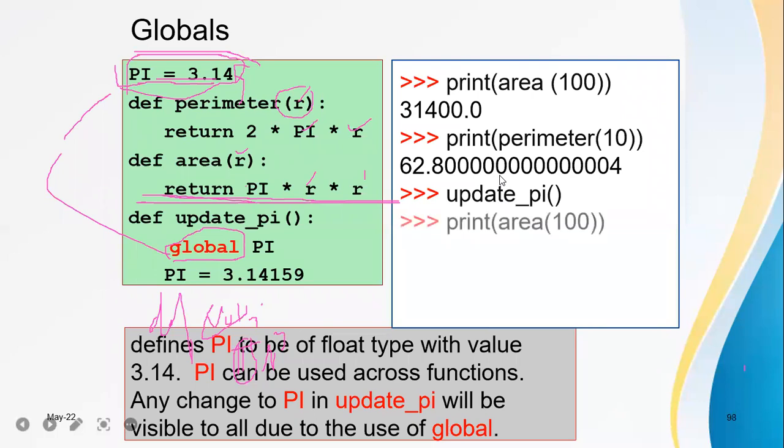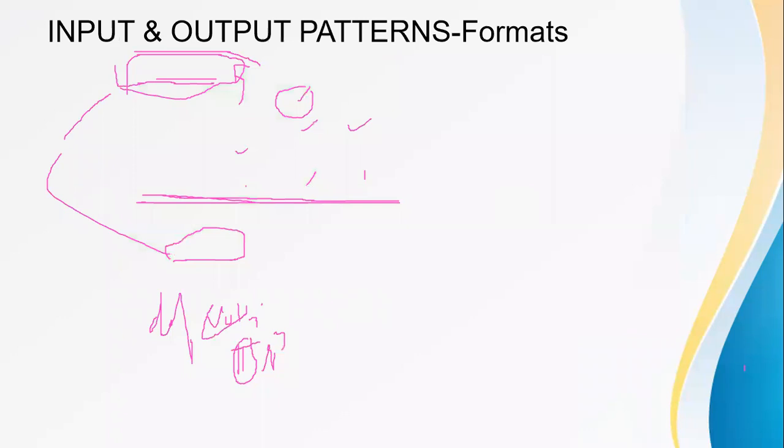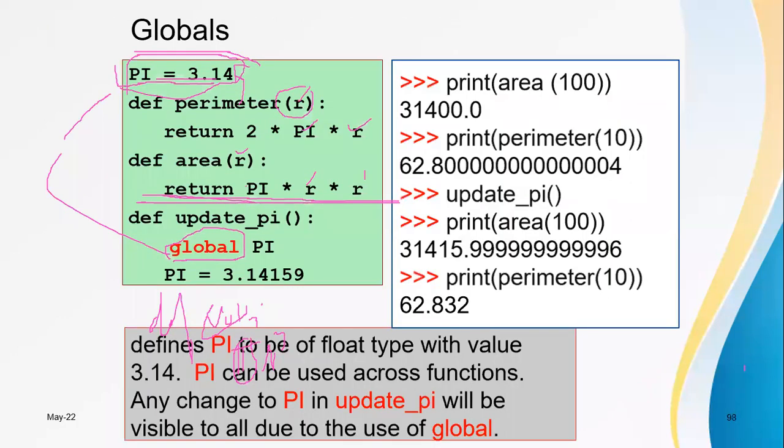Update pi. Now I am calling the definition. See, I have called update. I didn't do anything else, I just simply called it. Now I am printing the values. See, everything is changing. Until I call it, my pi value is 3.14.